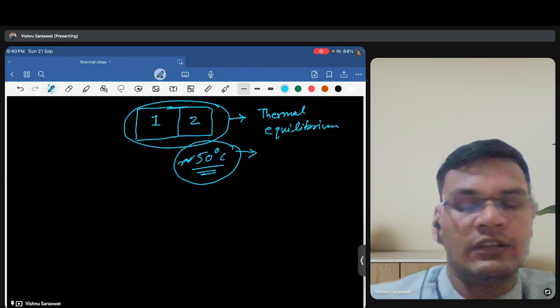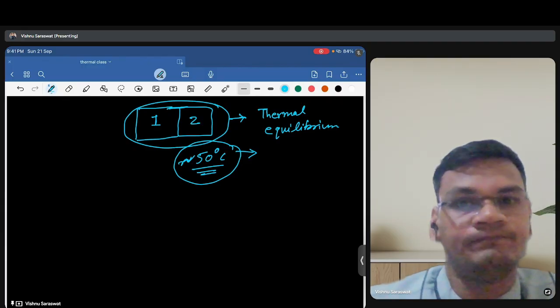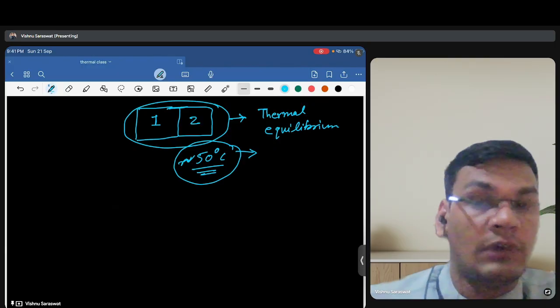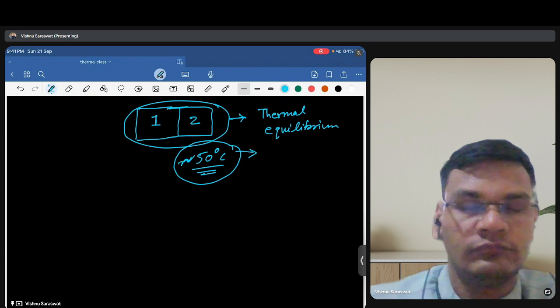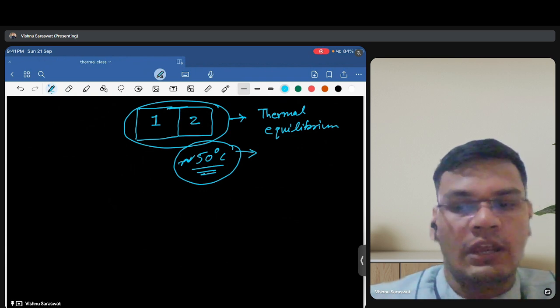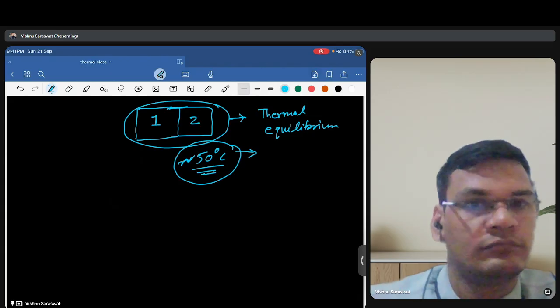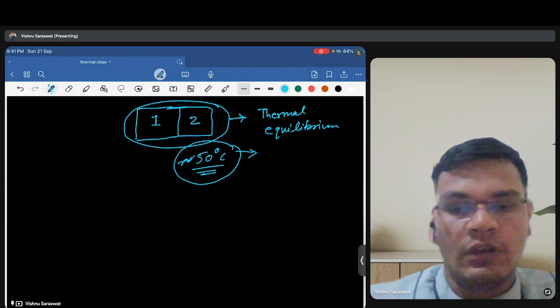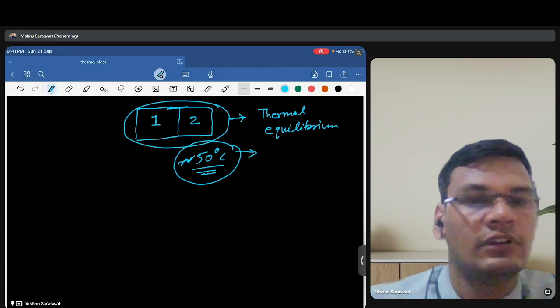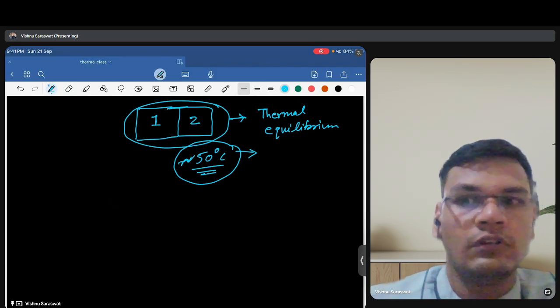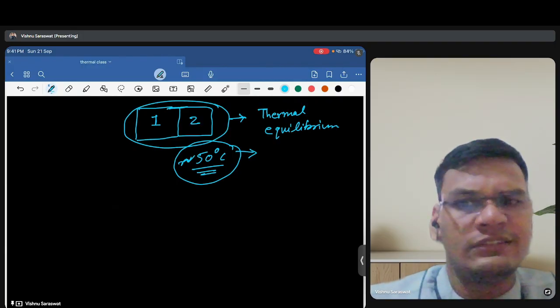As we know, the unit of length is meter, and mass, the second one, the unit is kilogram, time, unit is second, and current, unit ampere. And again, coming to temperature, the unit of temperature is Kelvin or degree Celsius, and the SI unit is Kelvin.